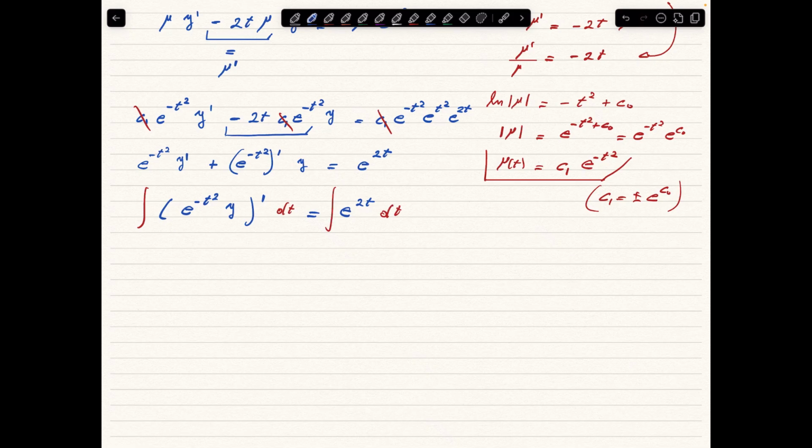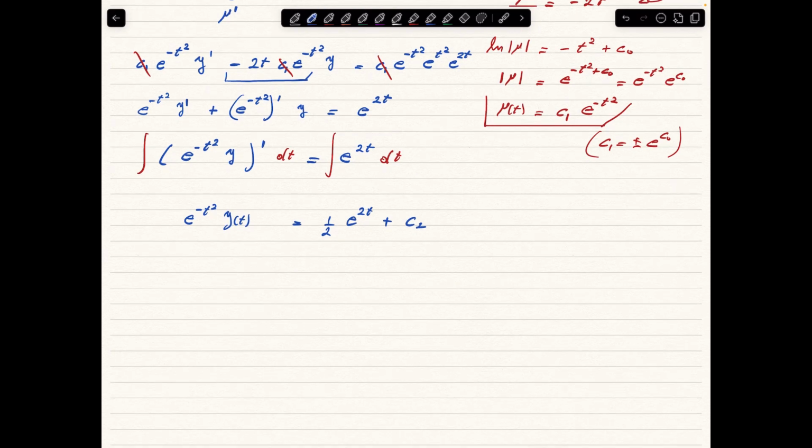The integral of the derivative cancels out, and we have exponential negative t squared y plus a constant, but I'm going to put all the constants together. Here we integrate, so 1/2 exponential 2t plus a constant, let's call it c2, doesn't matter.